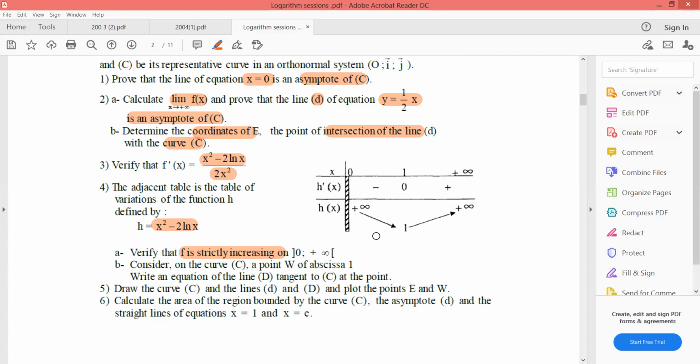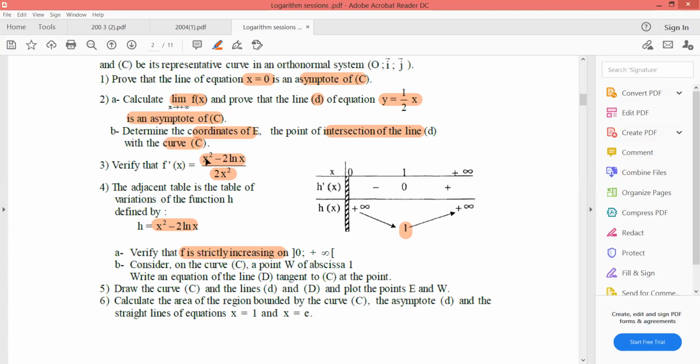Since the minimum is positive, then h is positive for all x. When h is positive, f prime has the same sign as h, so f prime is positive. Then the function is strictly increasing over 0 to plus infinity.